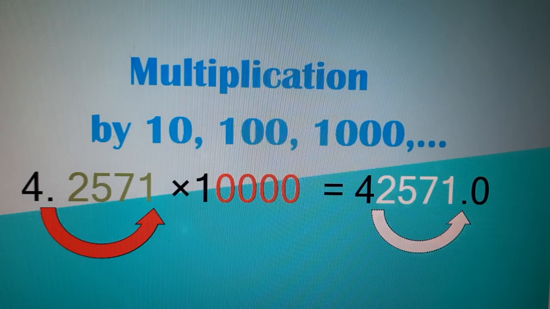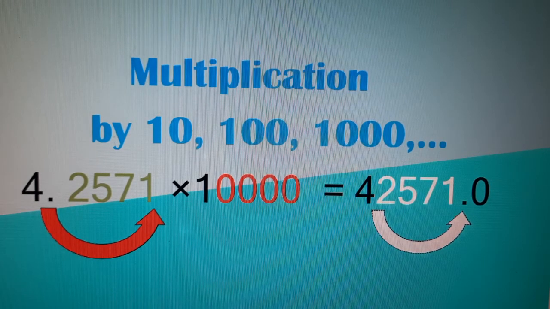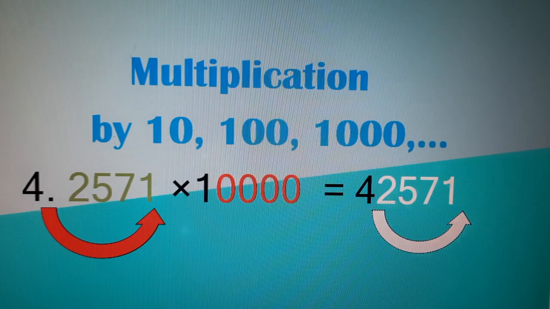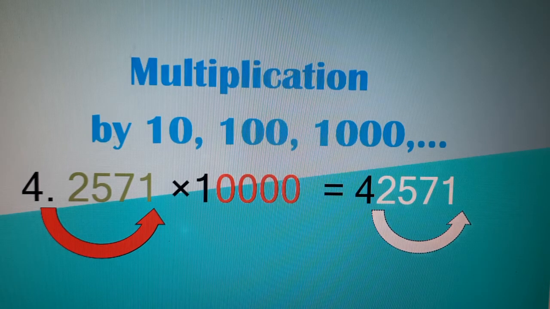It means 42,571.0. But actually there are no digits after the decimal point. Then you can eliminate the decimal point and leave the answer as a whole number. Then the answer is 42,571.